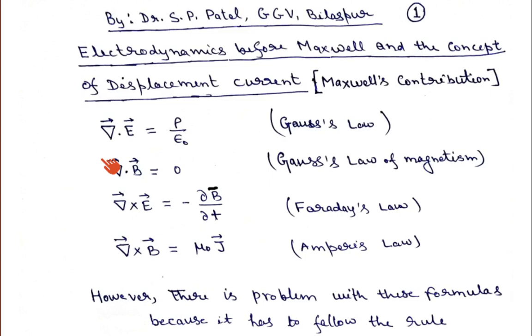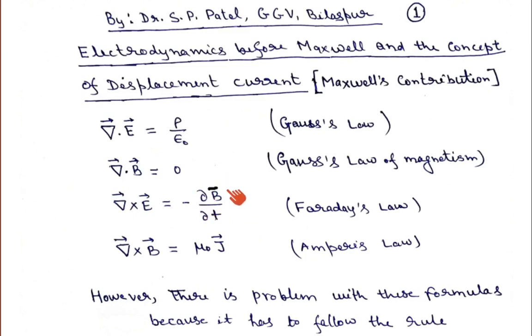Then Maxwell came into the picture, and he tried to understand these four phenomena. One of the most important equations is del cross B equal to mu 0 j, that is Ampere's law. Another important equation is del cross E equal to minus del B upon del t.